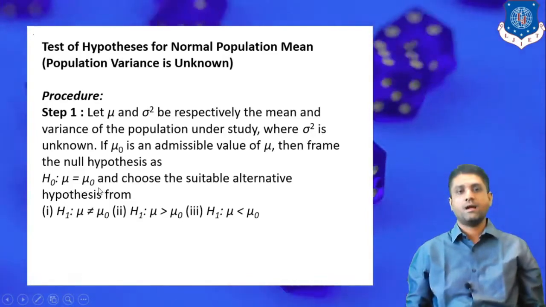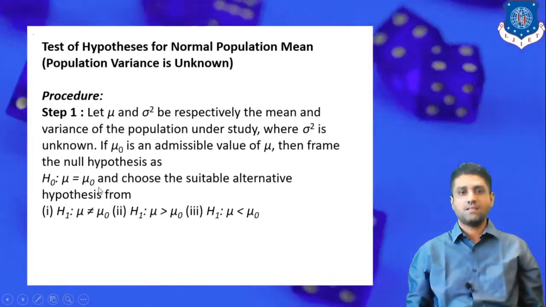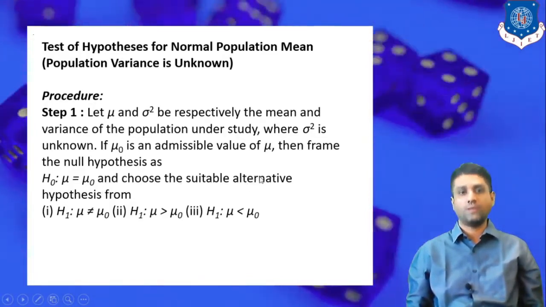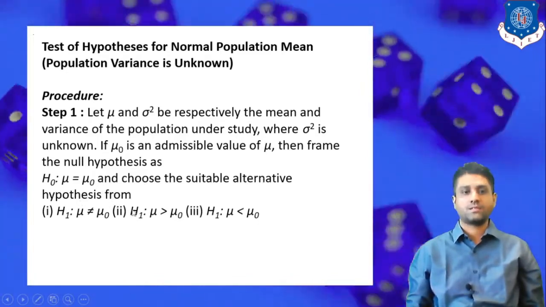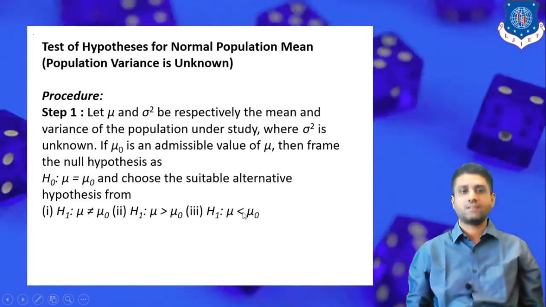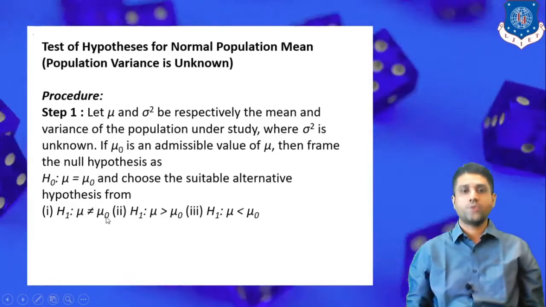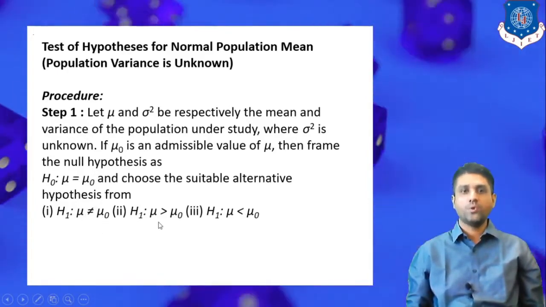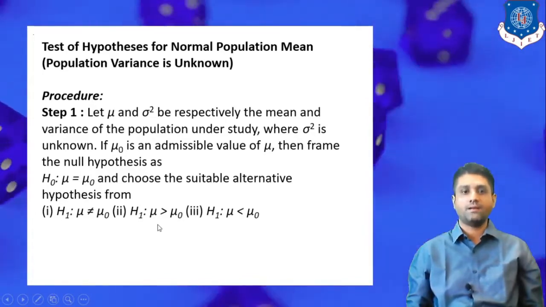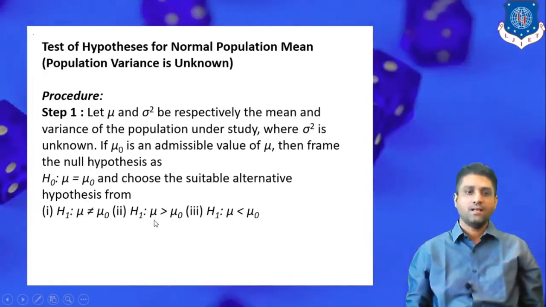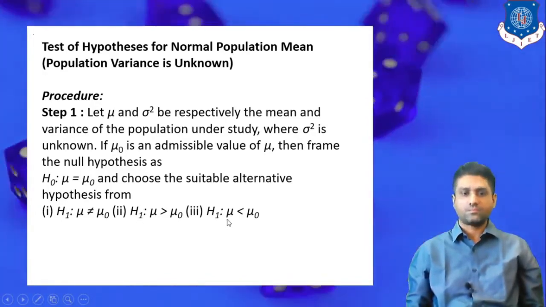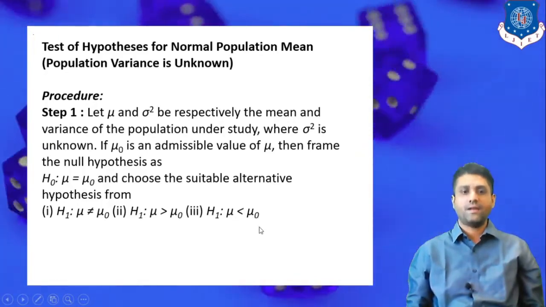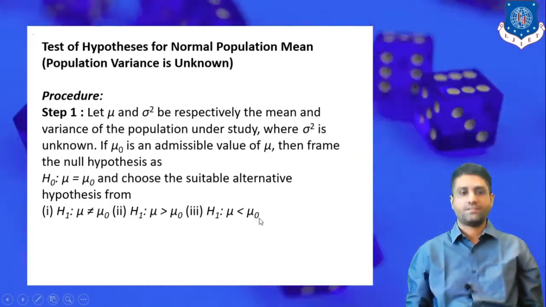Against this null hypothesis, we develop a suitable alternative hypothesis. There are 3 cases. First, mu is not equal to mu 0, that is a two-sided test. The second is mu greater than mu 0, that is one-sided, more precisely right-sided, and then the left-sided one-tailed test.